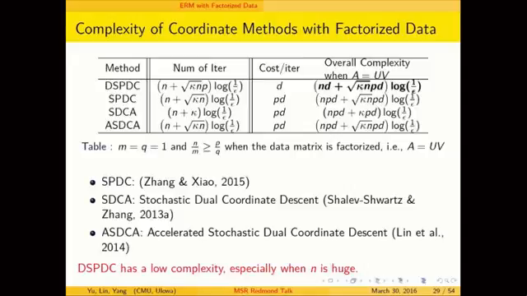Now this is the comparison between the SPDC and the other algorithms on the factorized data. This column is the number of iterations. We can see that in this case, we assume that m equals q equals 1, which means that in each iteration we only sample one data point and one feature.